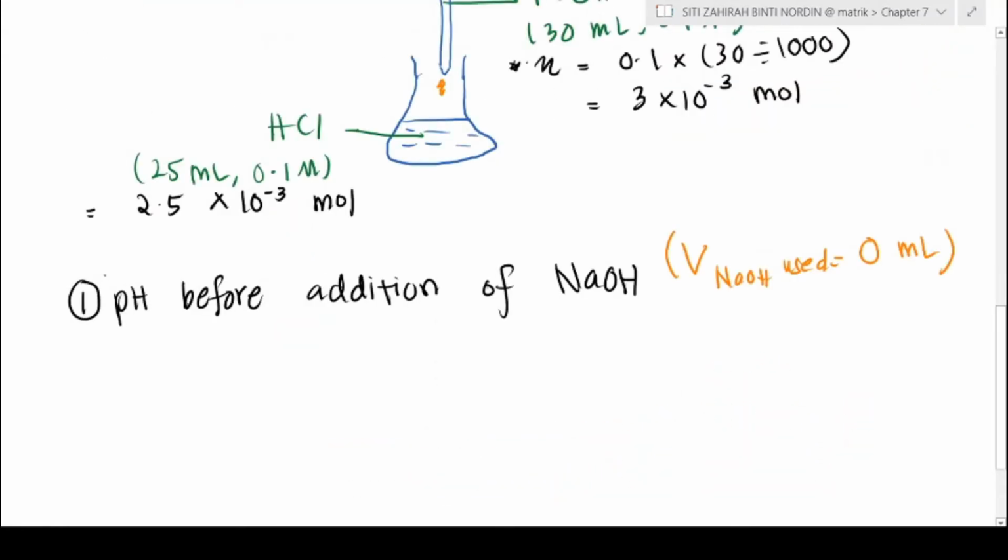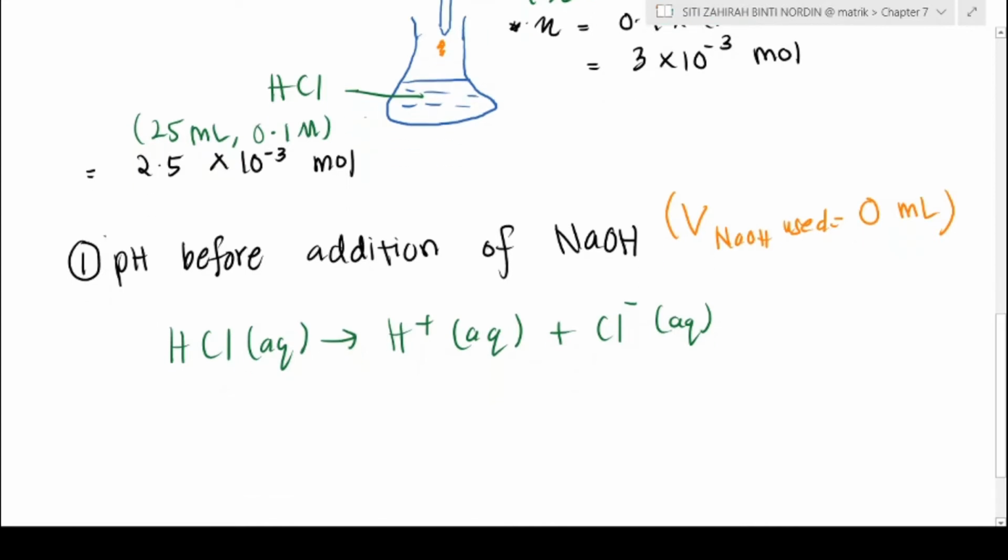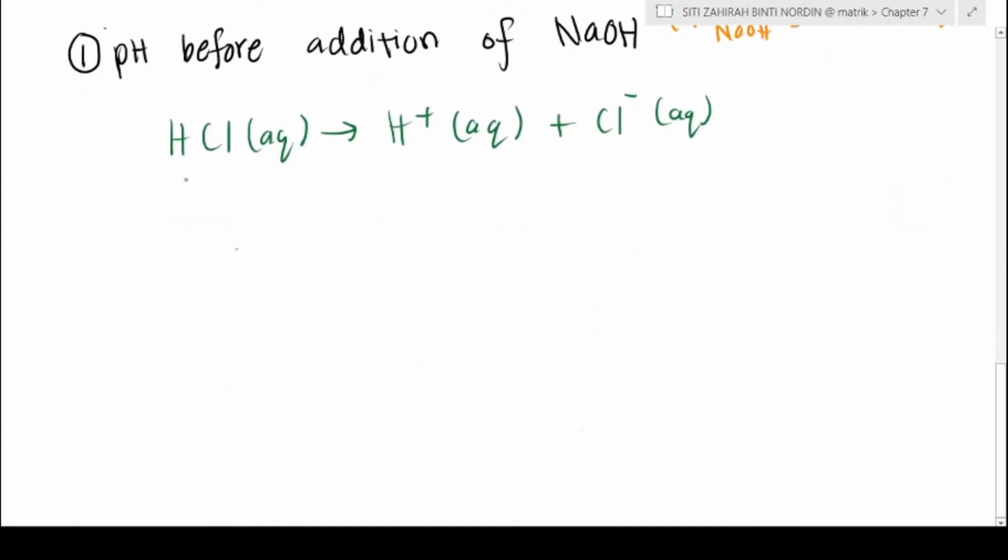So what do we have in our conical flask? We only have HCl, right? So write a complete equation of your HCl, which is a strong acid, so it dissociates completely to form H plus and Cl minus. Since this is an acid-base titration, we know that our formula to find pH would be negative log H plus.